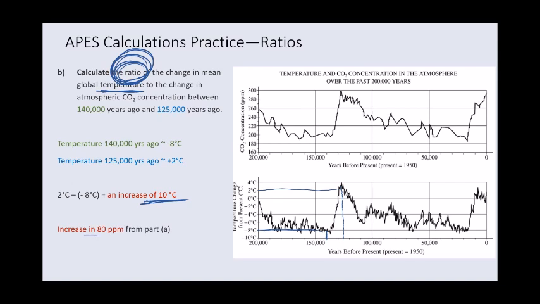We know we had an increase of 80 parts per million from part A, and now we plug that into our information about the temperature change. So 10 degrees Celsius divided by 80 parts per million gives me my ratio of degrees Celsius to CO2 concentration. So for every degree Celsius change there was also an 8 parts per million CO2 change.